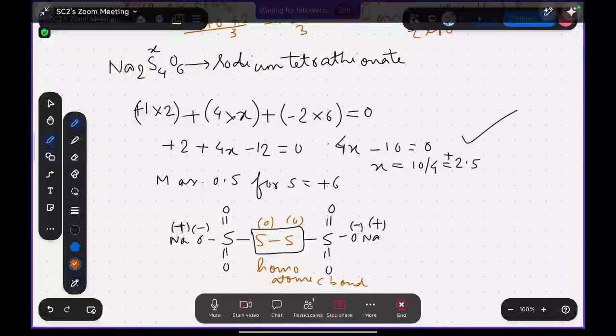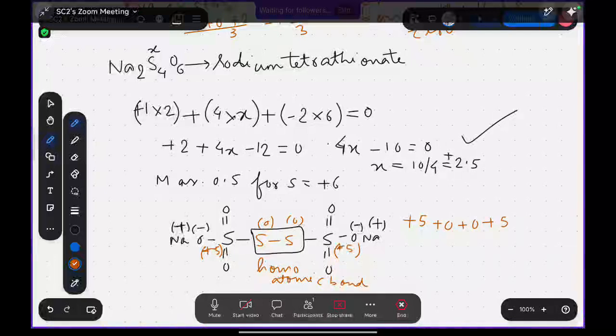So that means the other two sulfur atoms will have a +5 oxidation state. +5, which is possible. Let's see how. That means +5, the first sulfur atom, +5, +0, +0, +5.